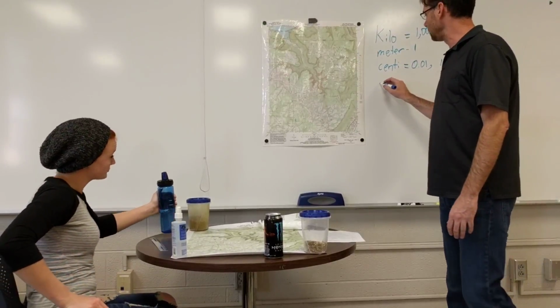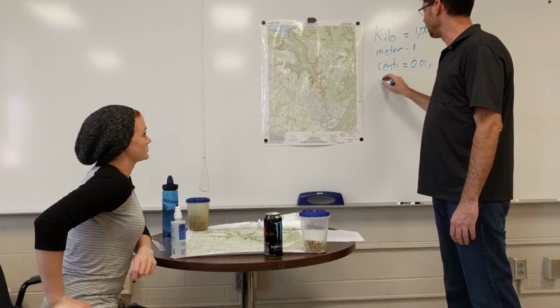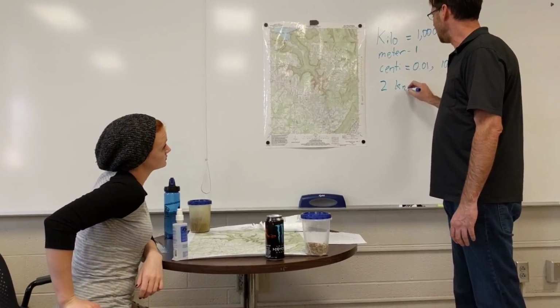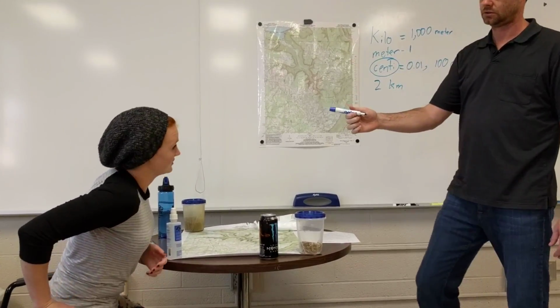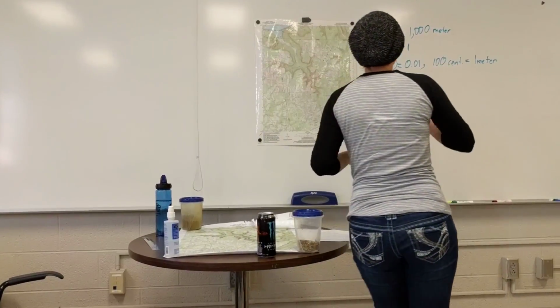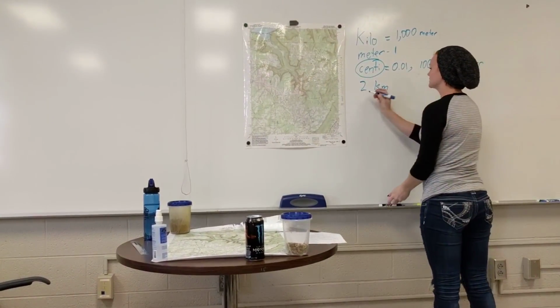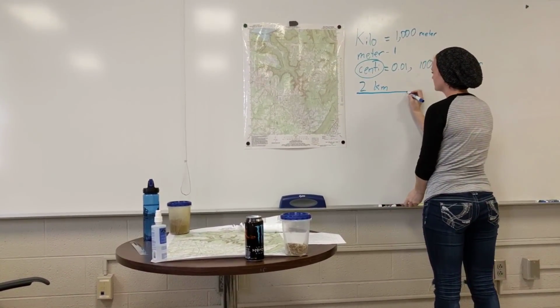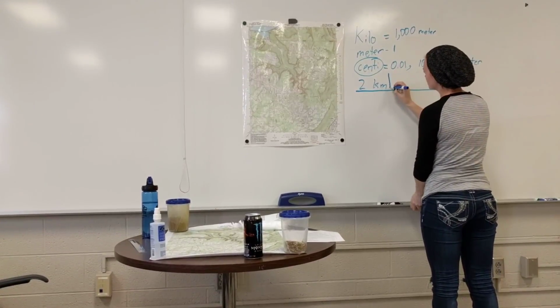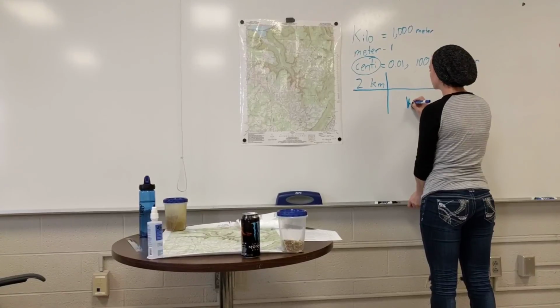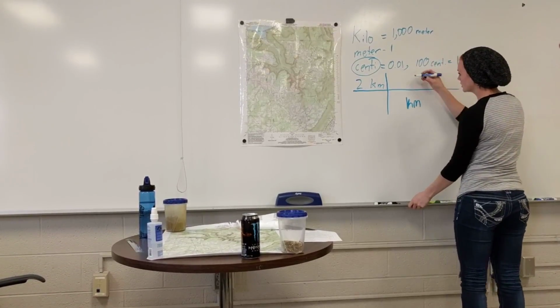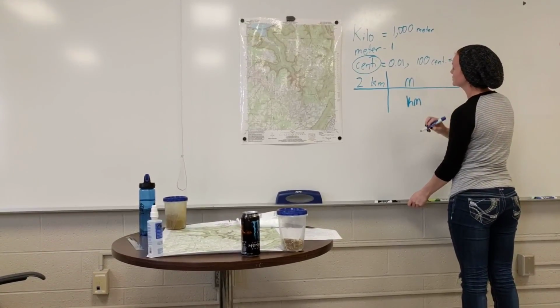So Danielle, I'd like you to kind of go through it and see if you can go from 2 kilometers, and I want you to end up in centimeters. So start with 2 kilometers, and we need to go, let's see, so kilometers goes down here, and then we'll go to meters first.